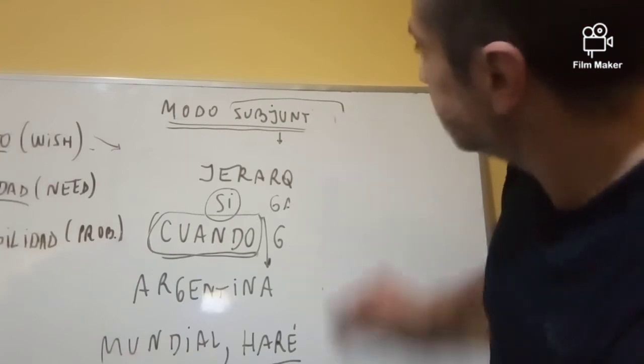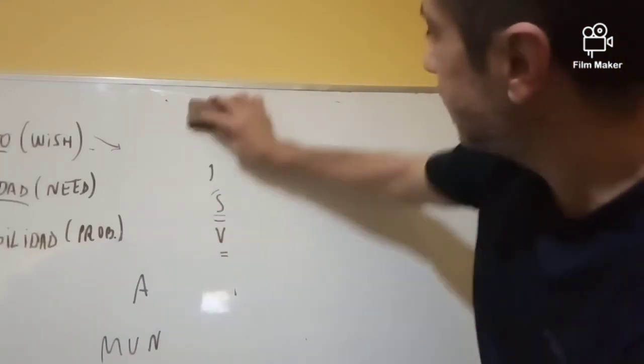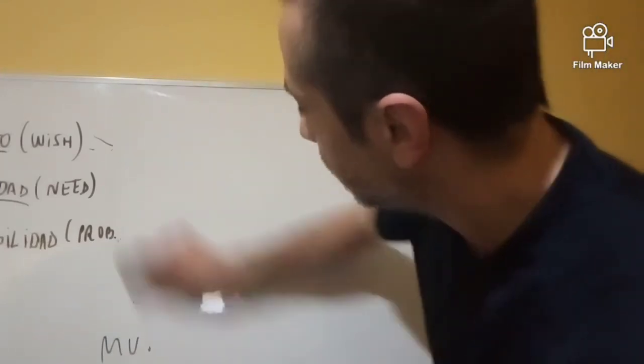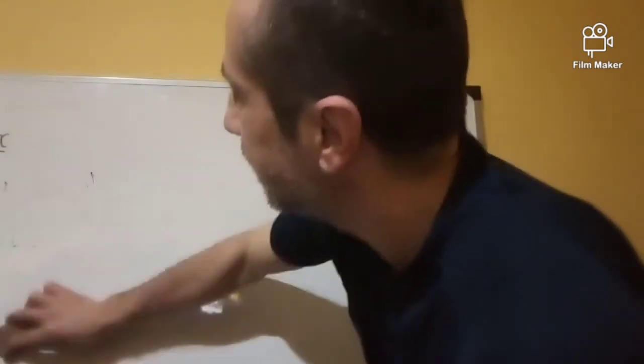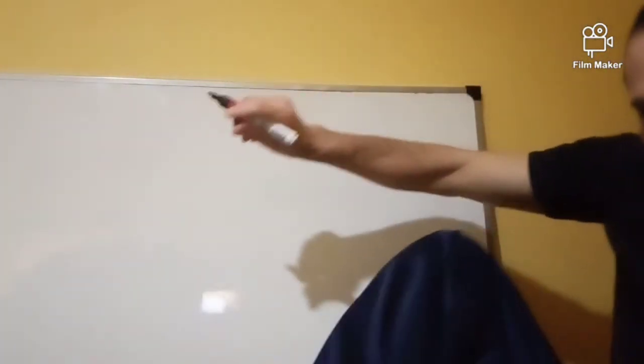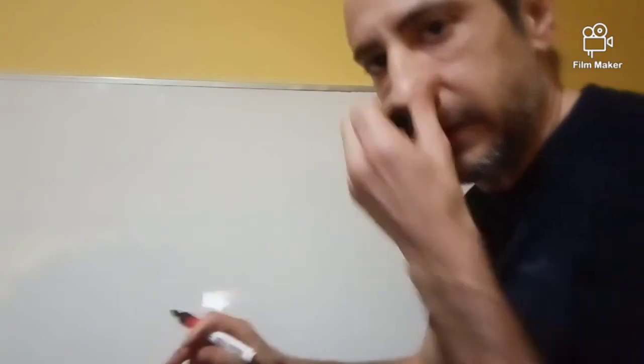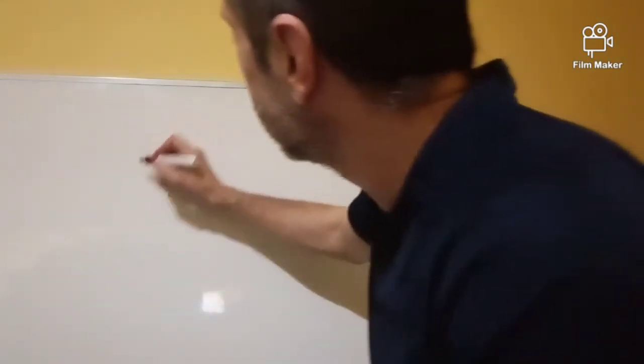Well, I guess that as an approach to modo subjuntivo, it's enough for today. So the main difference between our modo indicativo is that I'm going to make one more sentence and then we'll be done.